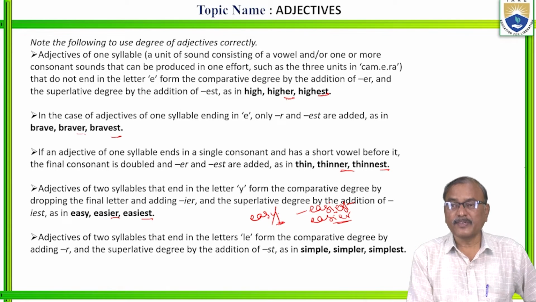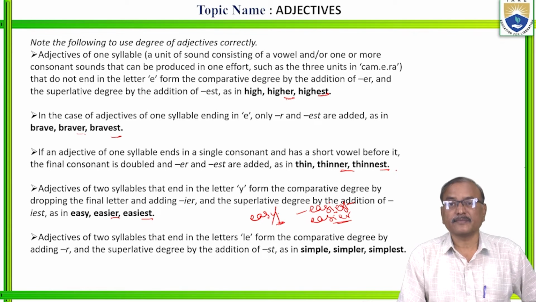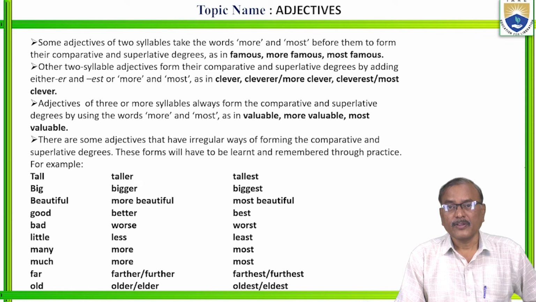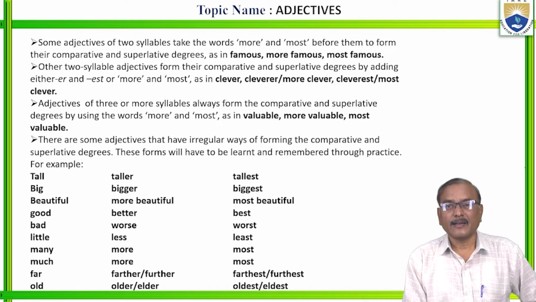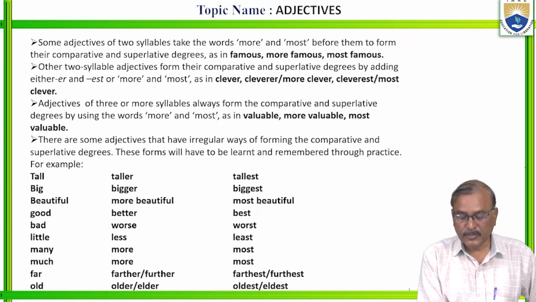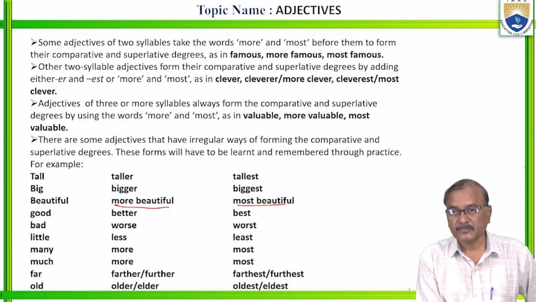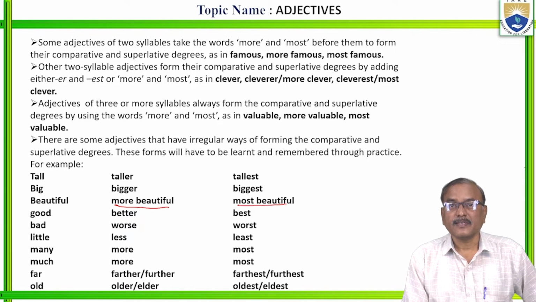Sometimes for some words, we can't use ER, EST. In such a case, we have to use more and most. For example, beautiful. For beautiful, you can't use beautifuler, beautifulest. Is it clear? There you have to say more beautiful, most beautiful.